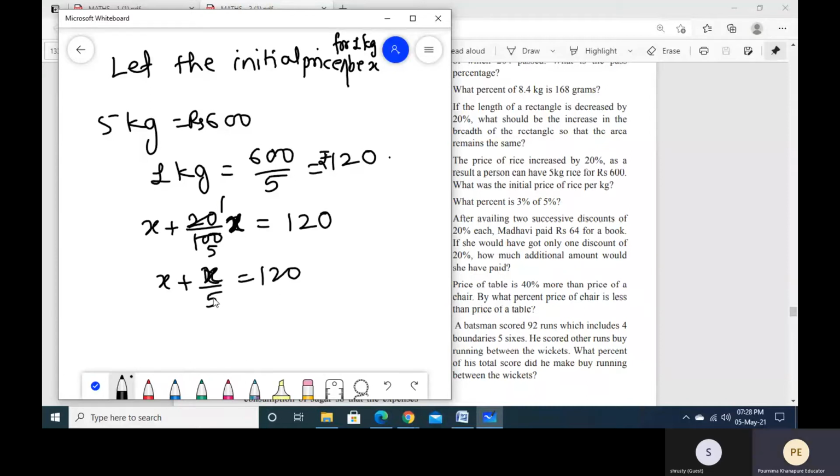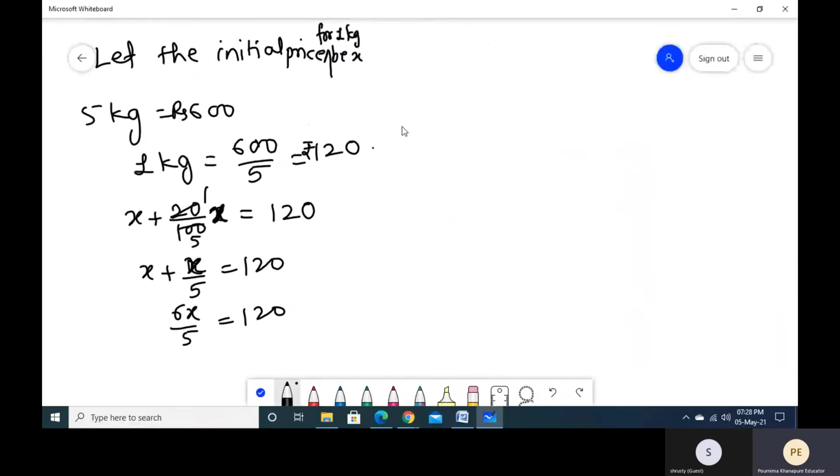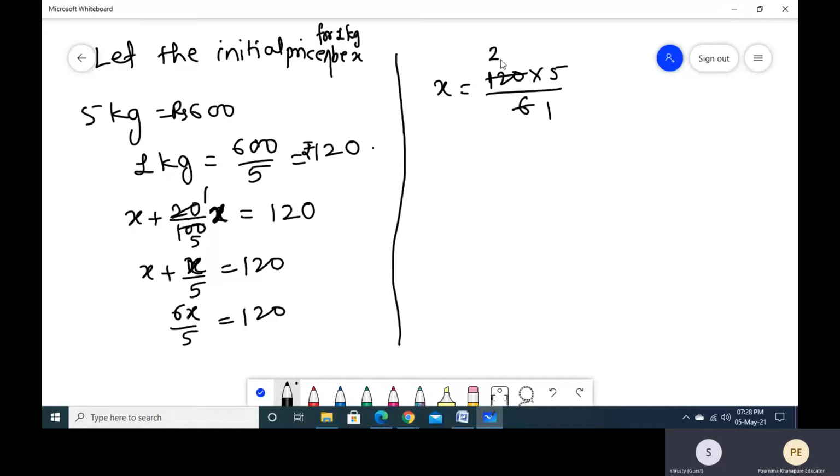So that becomes 5x plus x, 6x upon 5 equals 120. So x is equal to 120 into 5 upon 6. 6 twos are 12, so x is equal to 100 rupees.